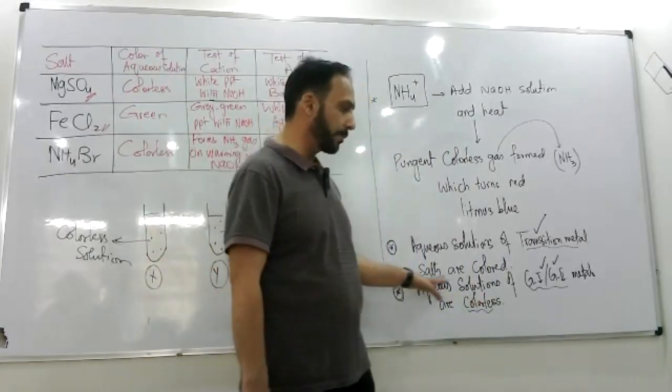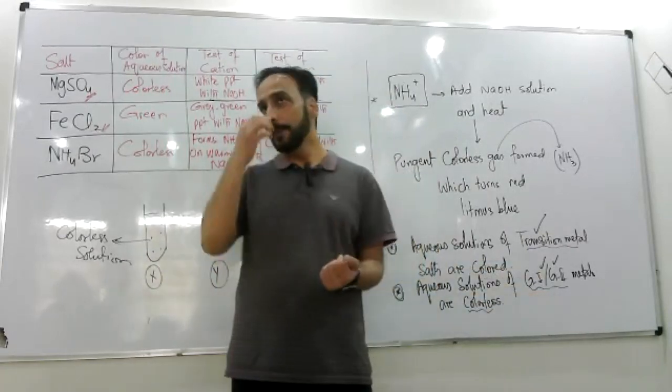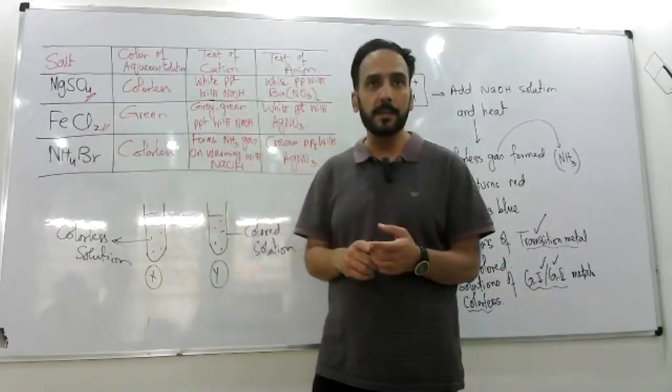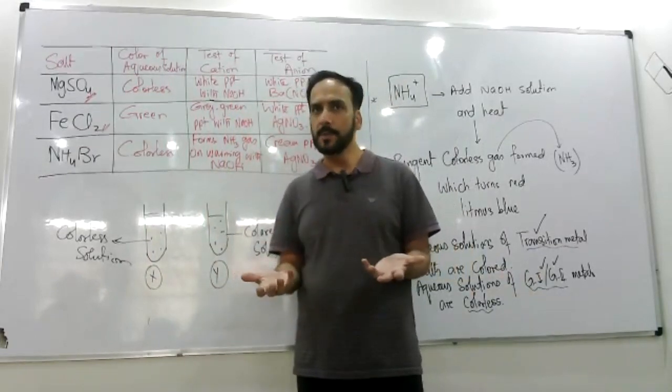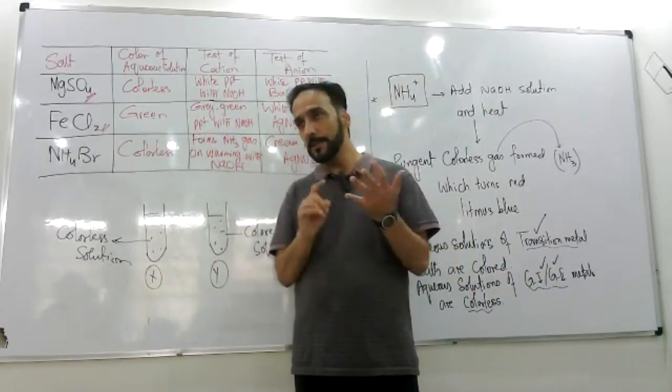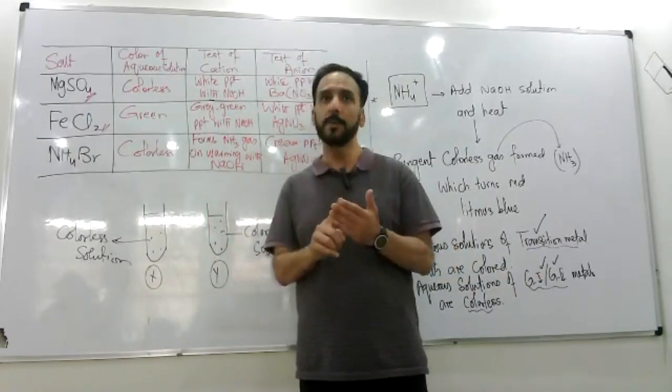In fact, ये जो colored solution वाली बात है, when the transition metals are asked, आपके syllabus में भी है 5-6 of the metal ions, positive ions, उसमें से iron 2+, iron 3+, chromium and copper.